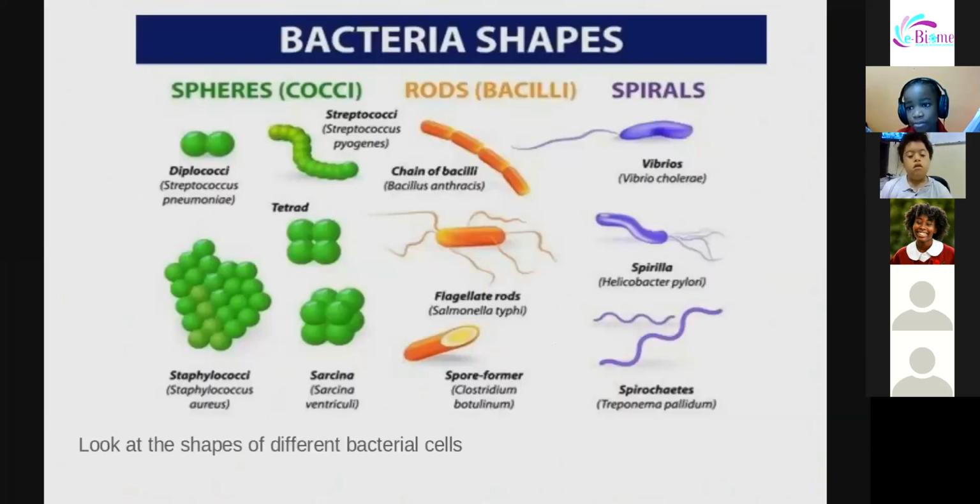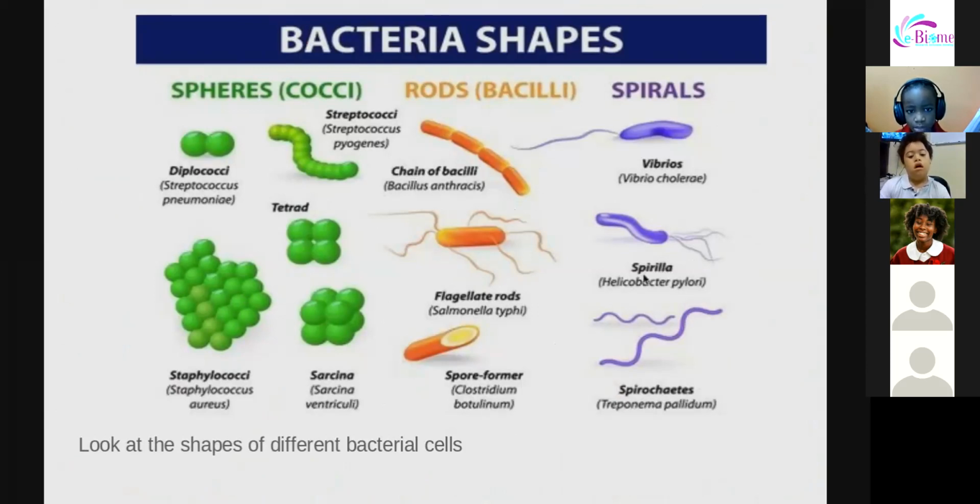So let's look at some of the shapes. Right here we have the spheres. They kind of look like circles, but technically not really circles. And here we have rods. They're kind of long.